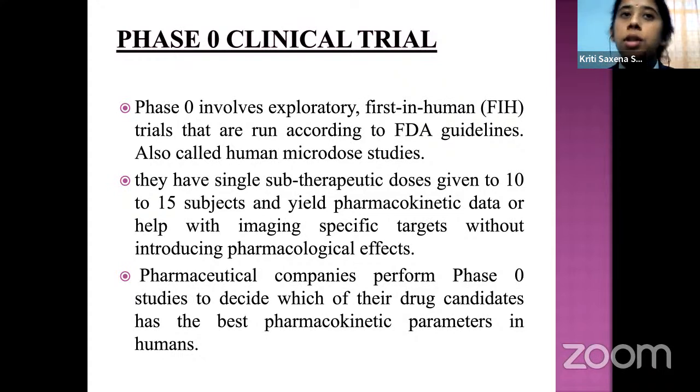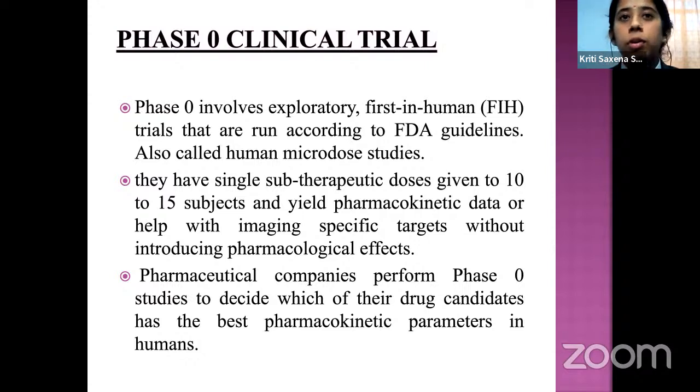Then a dose which is lesser than 50 mg is called a subtherapeutic dose. And it is given to 10 to 15 subjects to yield pharmacokinetic data, that is the absorption, distribution, metabolism, and excretion kinetics, that is how the drug is behaving in the body, and imaging specific targets without introducing pharmacological effects.